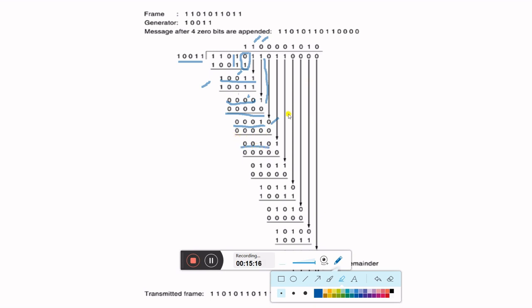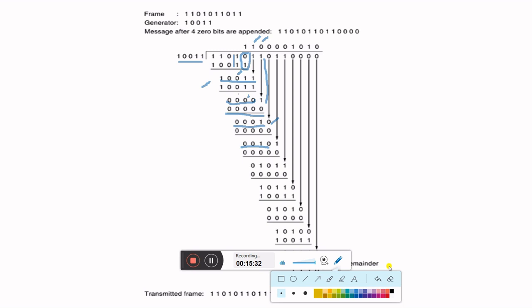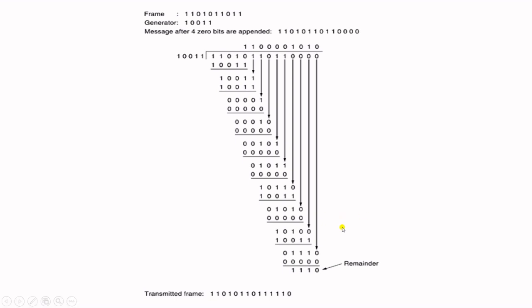In this way, in the last we find 1110 as a remainder.